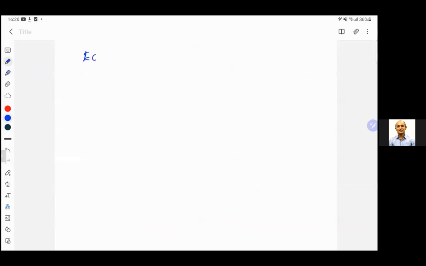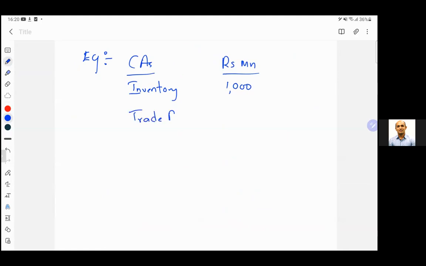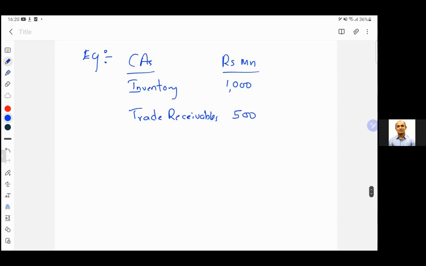Now let's say a company's current assets include inventory, let's say in rupees million, 1000, trade receivables, 500, prepaid expenses, 300, and cash.